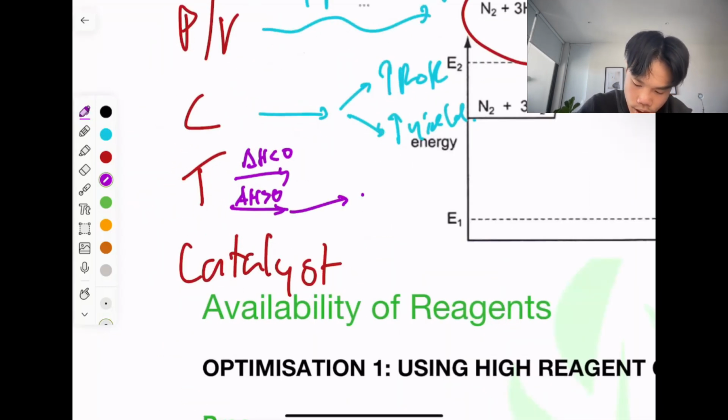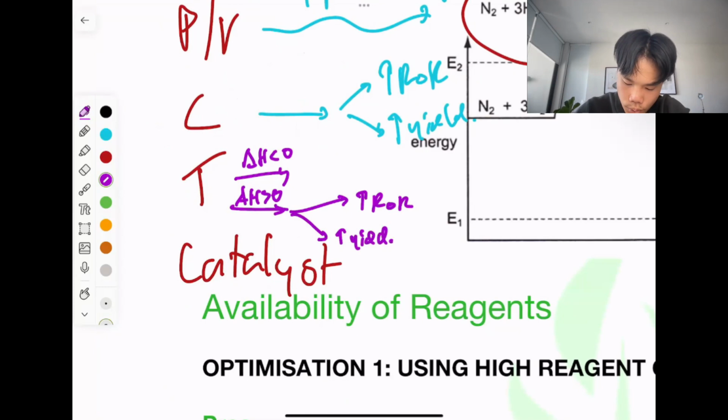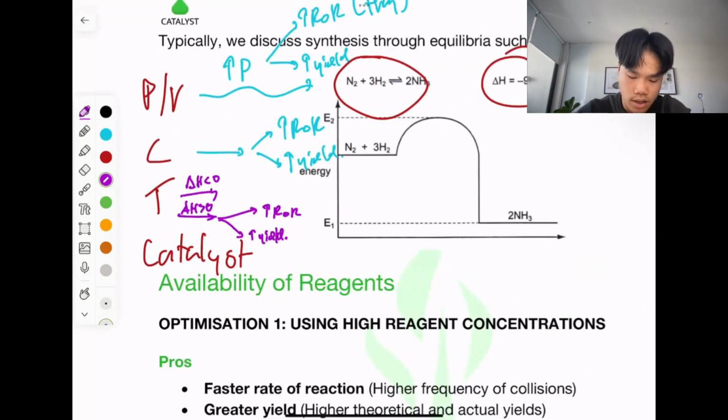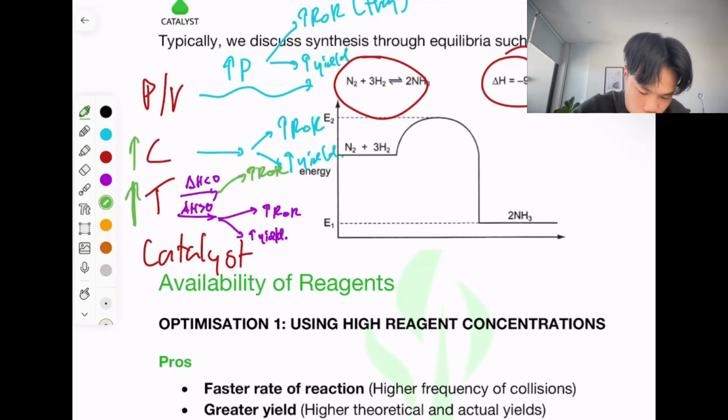This will increase rate of reaction because you increase success rate and frequency of collisions. And it will also increase yield because it will shift forward in the endothermic direction in order to bring back down the temperature. The hardest case, which is still not too bad, is if you have an exothermic reaction. Yes, this will increase rate of reaction if you increase temperature, and I'm talking about everything in terms of increase in temperature, increase in concentration, to be clear.